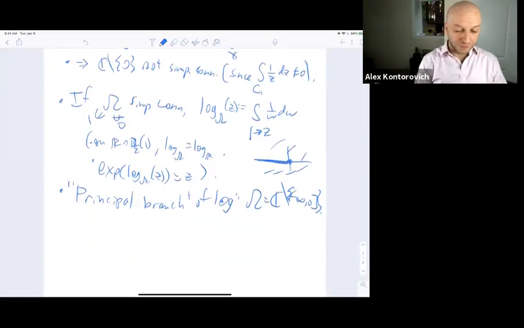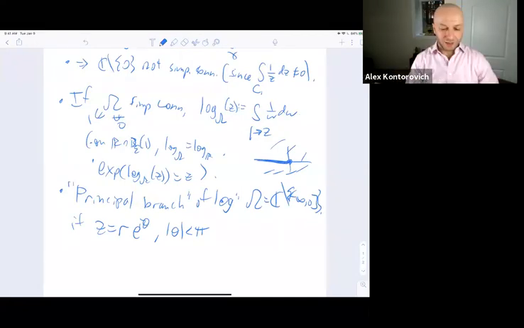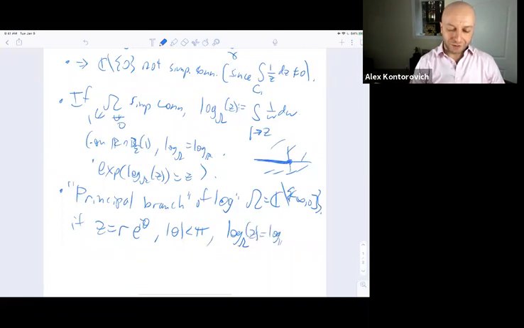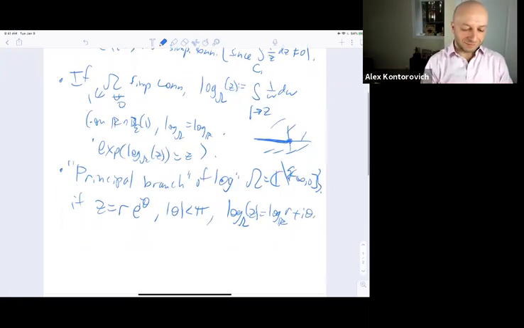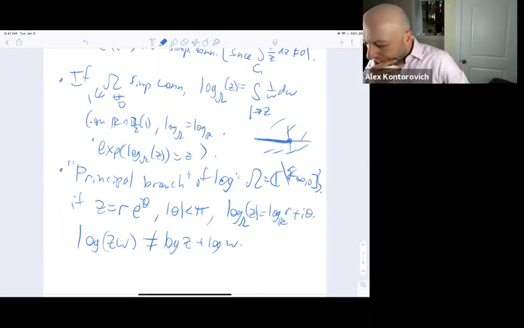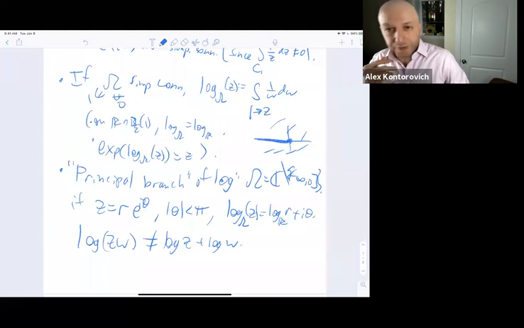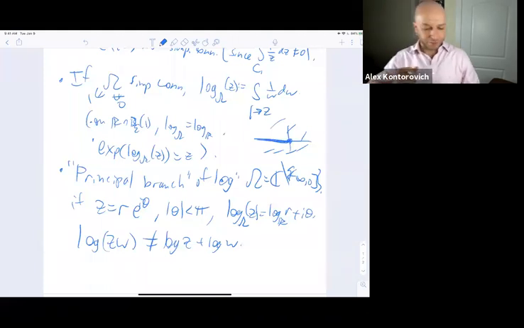And for the principal branch, if z equals r e to the i theta, and theta ranges from minus pi to pi, then log of z is what it should be, the real log of r plus i theta. It's a nice holomorphic function, but again, log of zw is not in general equal to log of z plus log of w. I think that's where we stopped last time. Is that about right? Okay.